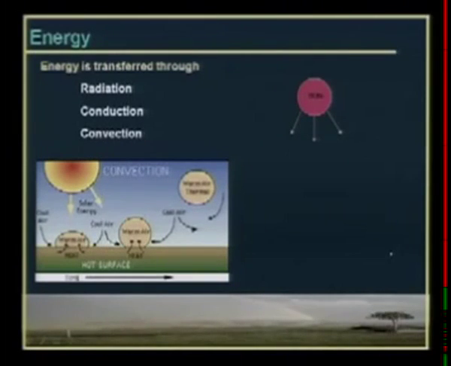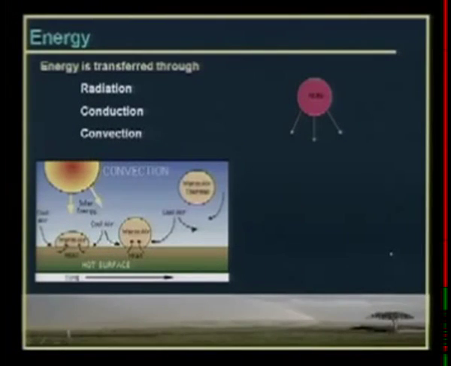As you can see here in the slide, the energy is transferred through the three mechanisms which we all have studied in our high schools: the radiation, conduction and convection. When we talk about air pollution or the movement of the pollutants on the earth, it is largely the convective currents that decide the dispersion of the pollutants, because the convections occur at the ground surface.